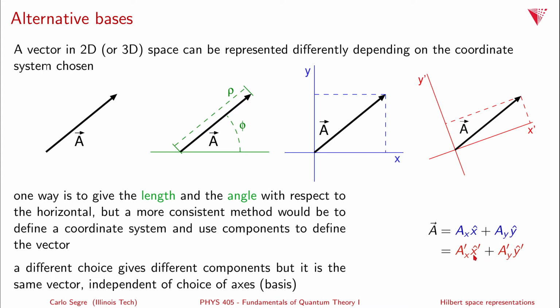But now these are along the x prime hat direction and the y prime hat direction. And so they describe exactly the same vector, but because of the basis set we choose, that is the prime set instead of the unprime set, we have a slightly different representation.